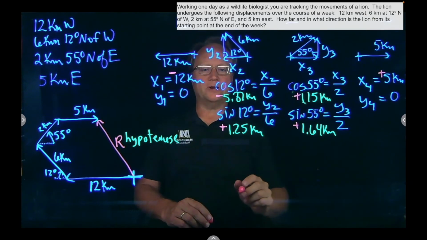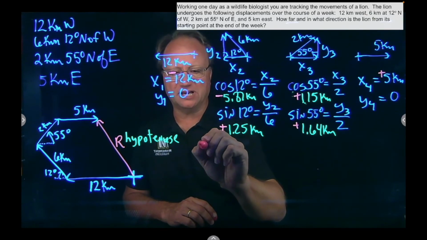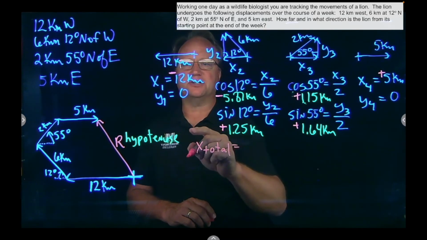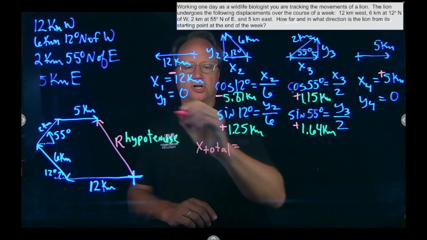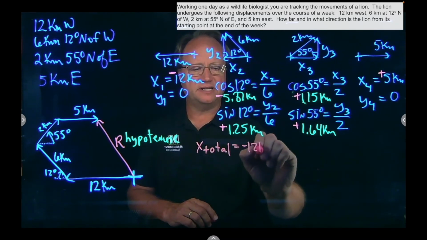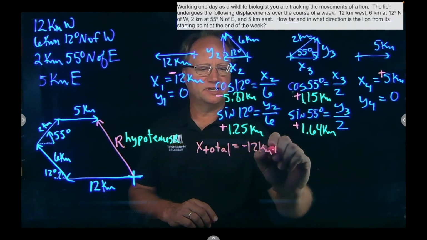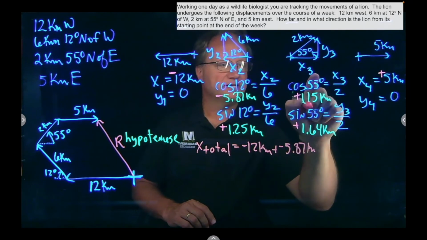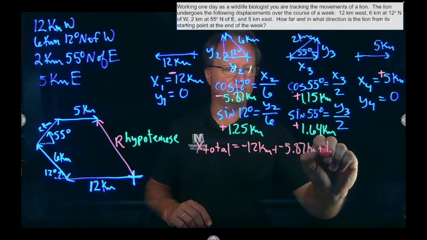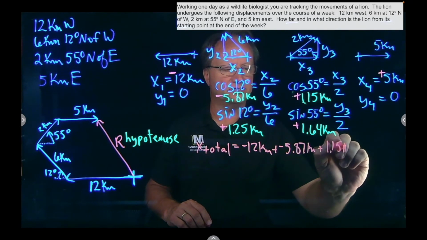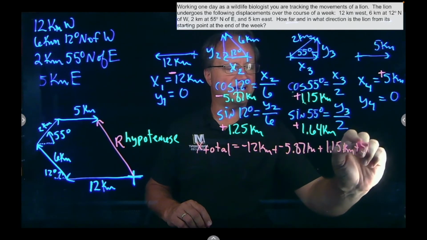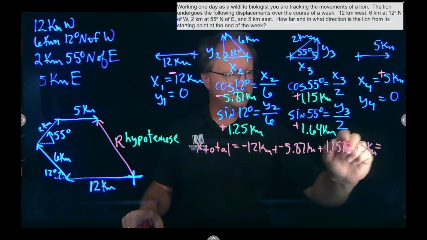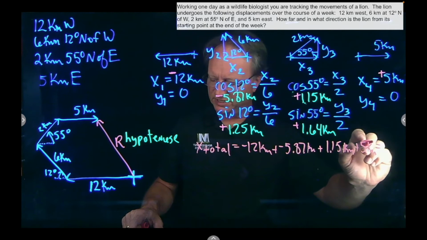So now when we combine, if we total up, I'm just going to say x total, that's going to be a combination of all of our x values, negative 12 kilometers, combined with negative 5.87 kilometers, combined with positive 1.15 kilometers, combined with 5 kilometers. We're going to get a total in the x direction of 11.72.